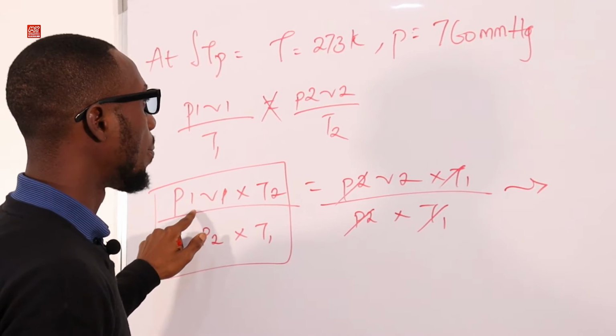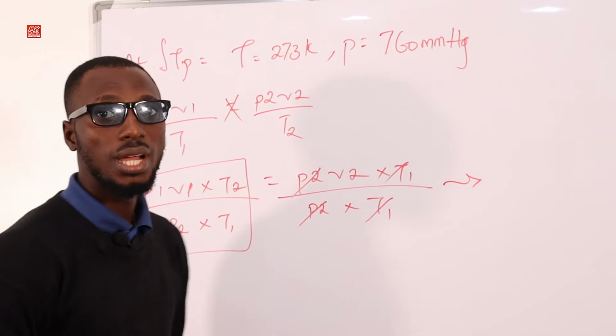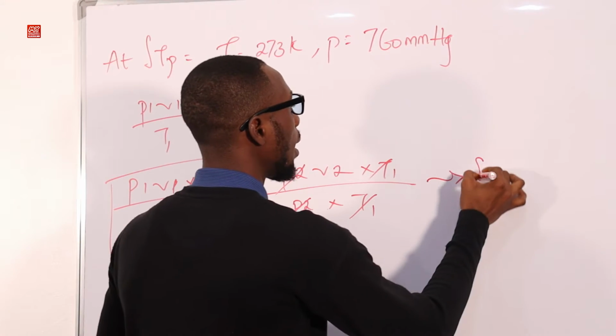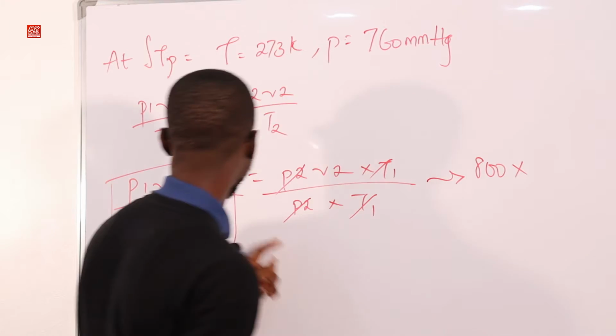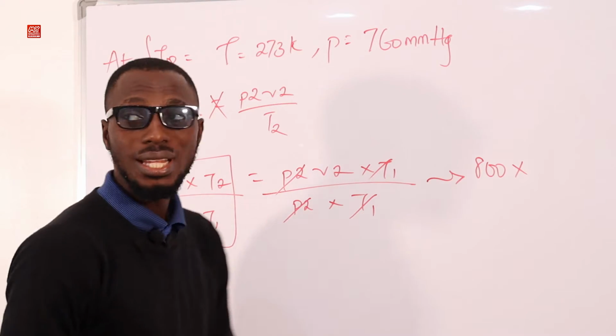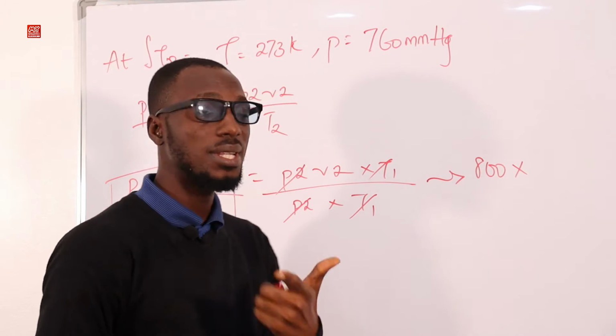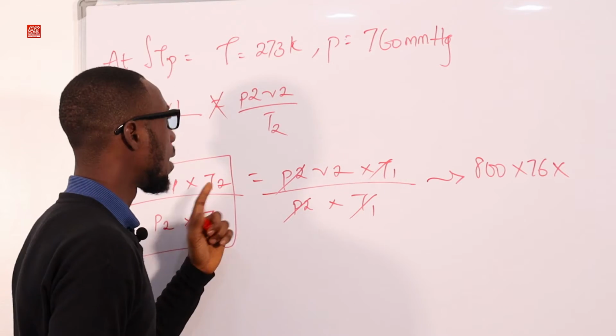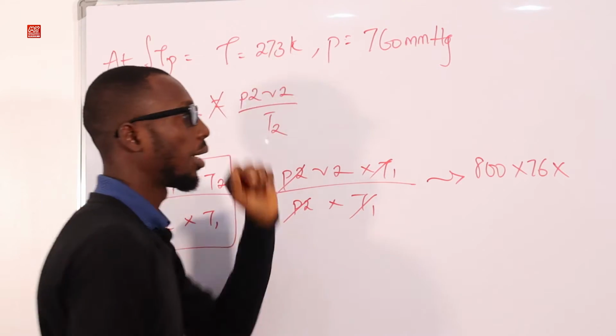Okay, so our P1 is given from the question as pressure of 800 millimeter mercury. So P1 is 800 times the V1 from the question, given as 76 centimeter cube, times the temperature T2.